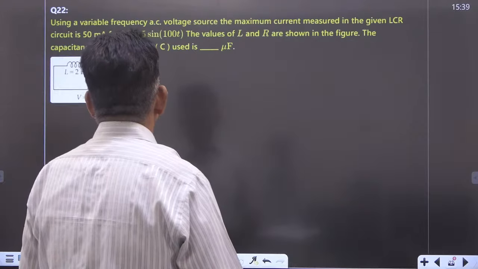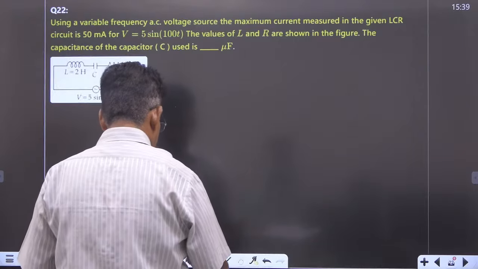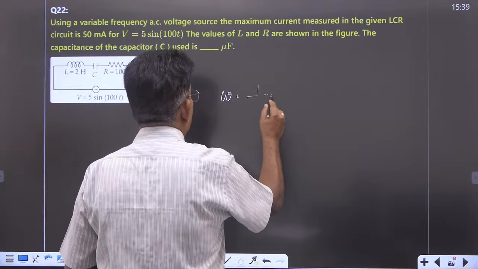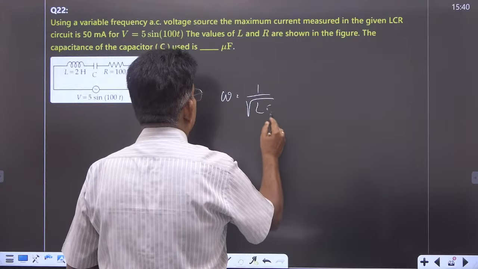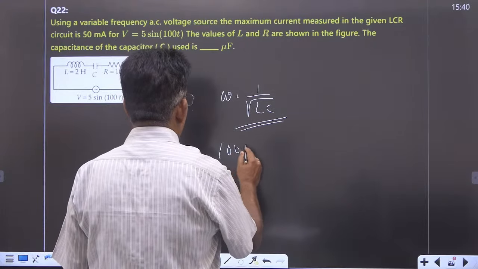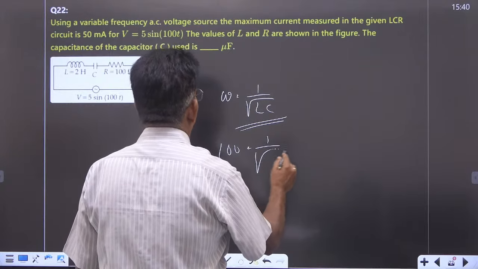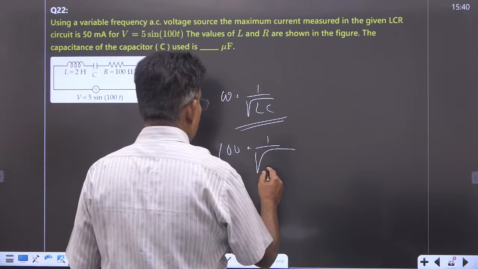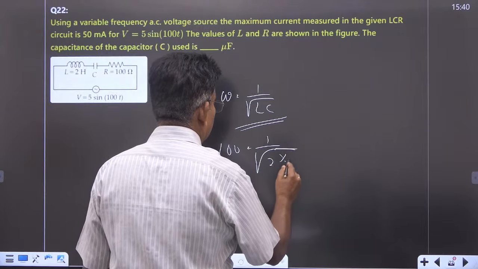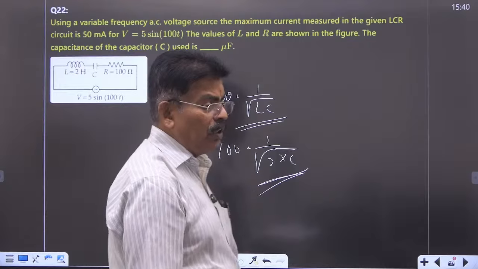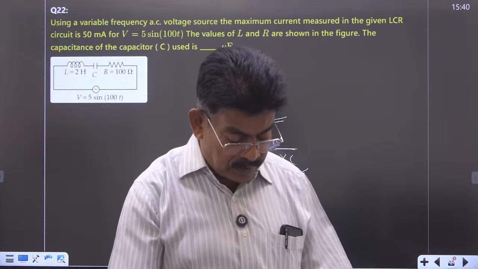When you get maximum current, omega is 1 by root LC. This is a case of resonance. Omega is given to be 100, L is given to be 2 Henry, into C. On solving, you will be getting the value of C. Simple question. The answer is coming to be 50.